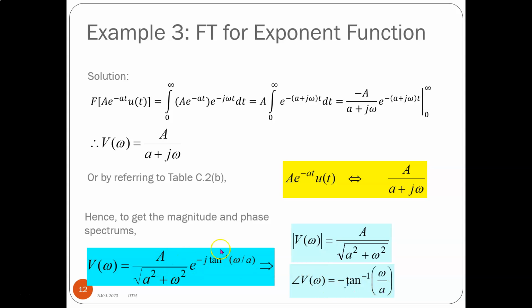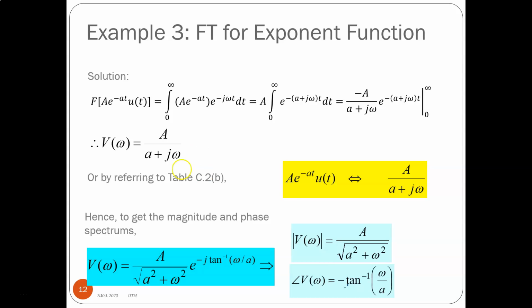Okay, this is how you want to plot the Fourier transform in terms of the frequency domain, and also in terms of the phase of that frequency domain. Why do I say just refer to the table? Basically, for our syllabus, normally you will be asked to just refer to the table.